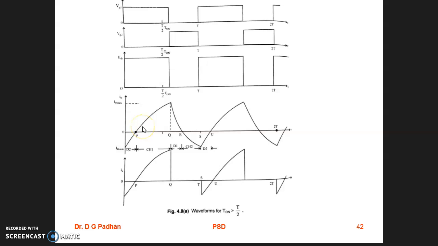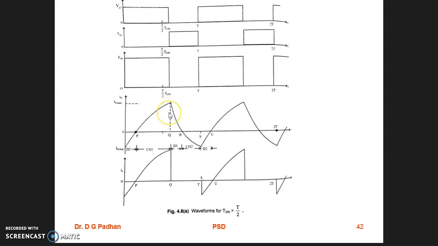Now chopper 1 starts conducting and D2 is off. Chopper 1 conducts from P to Q, and the current increases to Imax at Q. When it reaches the maximum value, chopper 1 is turned off by removing the gating signal.